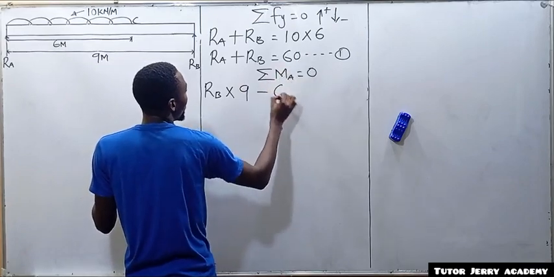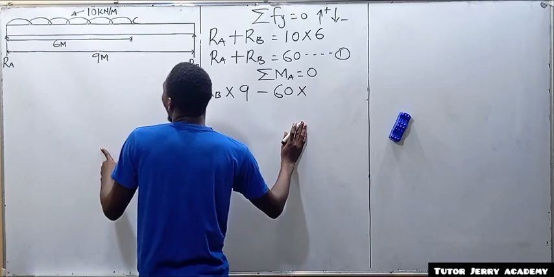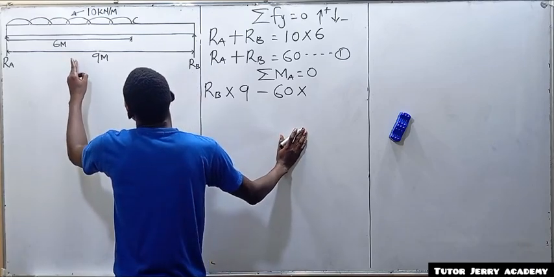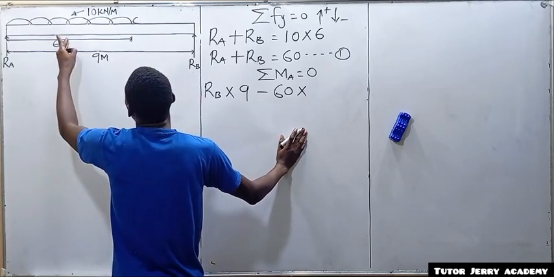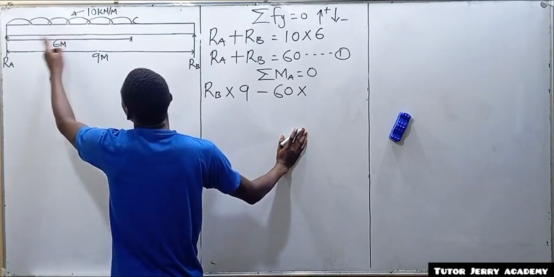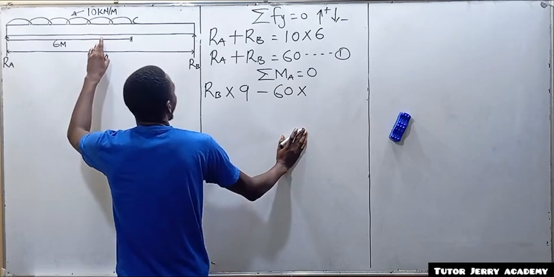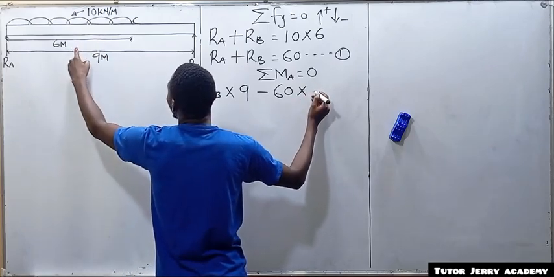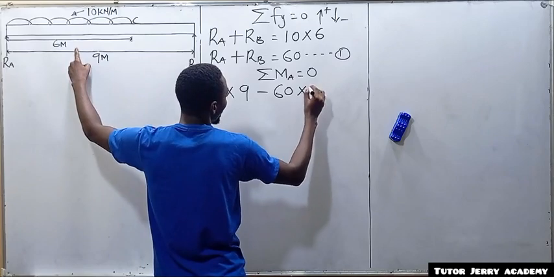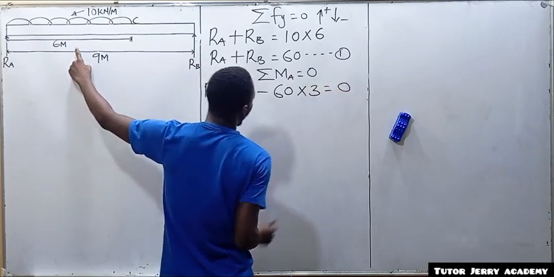When we convert to a point load, it is 60, acting at the center of the span on which it's sustained. So it's going to be acting at 6 divided by 2, which is 3.